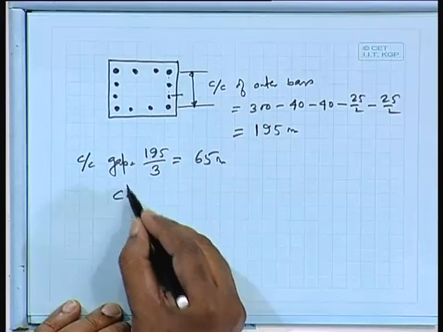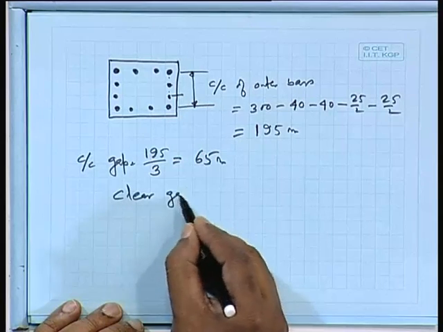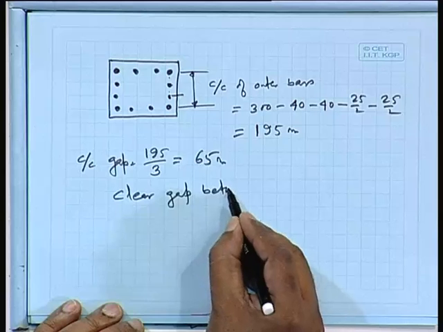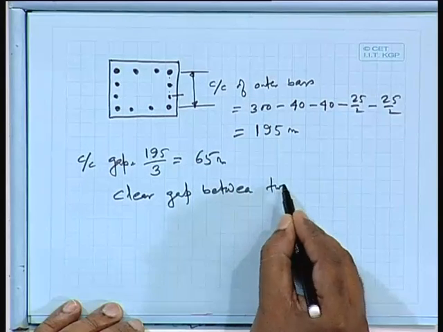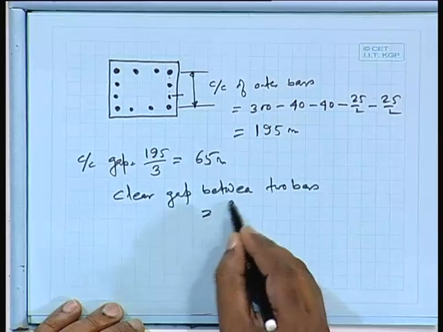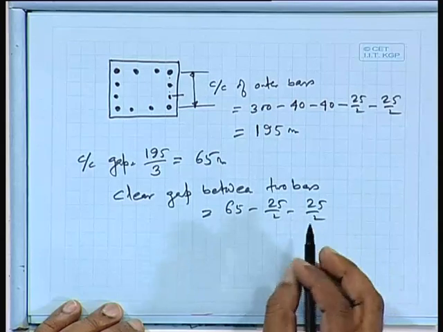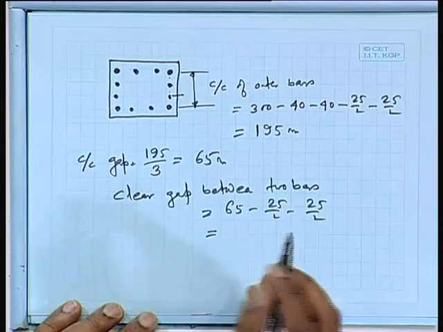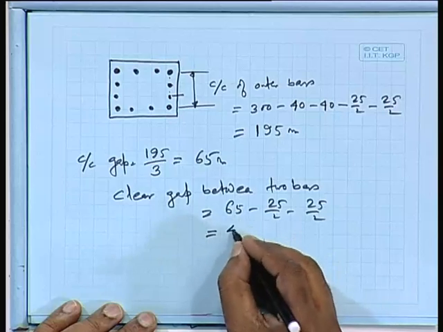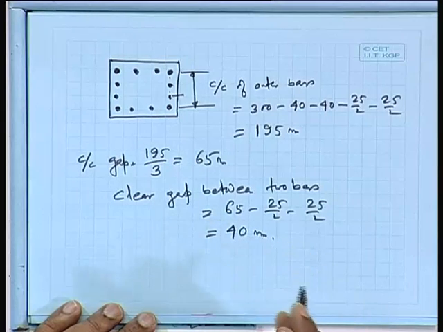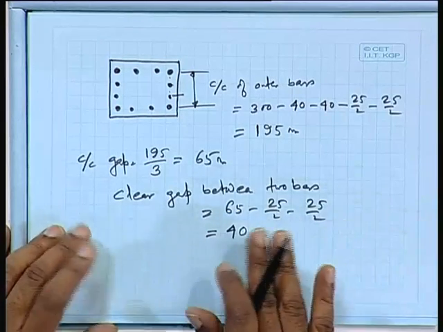So, the clear gap between two bars will be equal to 65 minus 25 by 2 minus 25 by 2, which comes as 40 millimeter. Now, this is 40 millimeter.